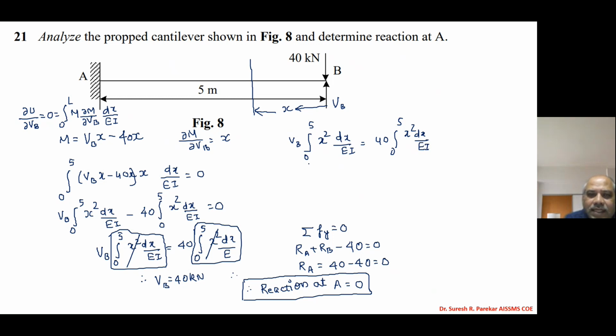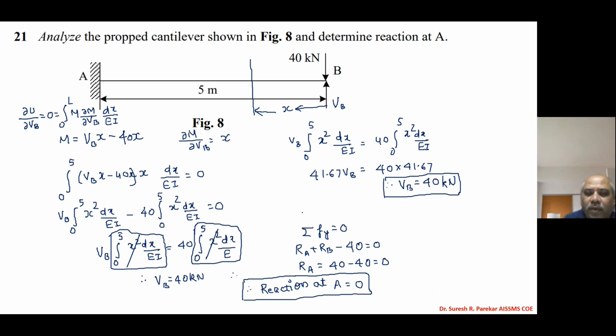Then we get the integral of X square from 0 to 5 as 41.67. So we have 41.67 VB equal to 40 into 41.67, and from this we get VB as 40 kilonewton. As we have the same on both sides, we can directly cancel it and get these values.